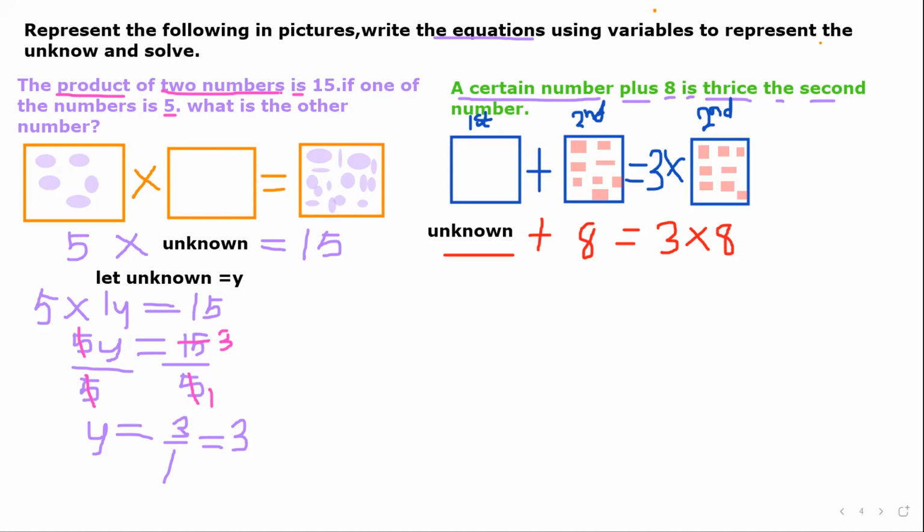Now let's choose a letter or variable for the unknown. Let the unknown be x. So now we are going to use the x to represent the unknown, okay?